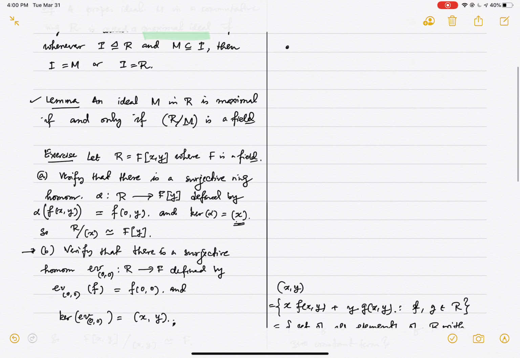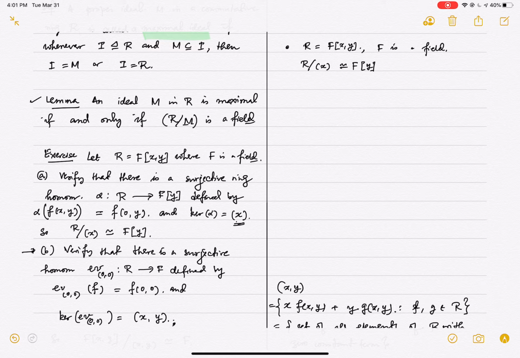Better be visible. So you take R equals F[x,y], where F is a field. Then you see that R mod x is F[y].